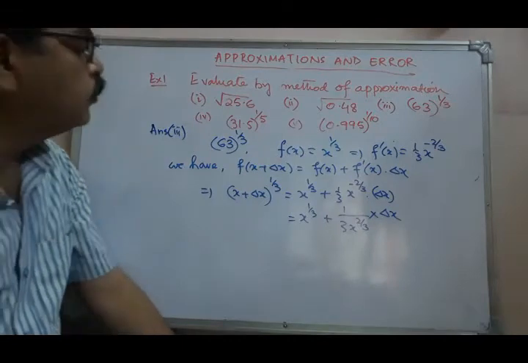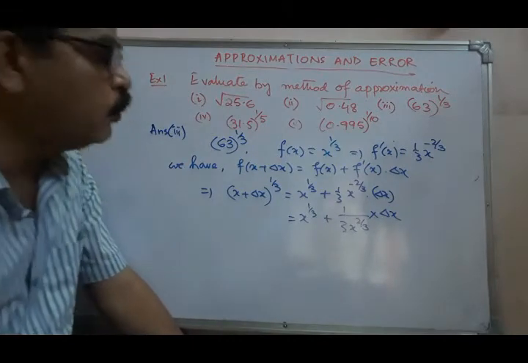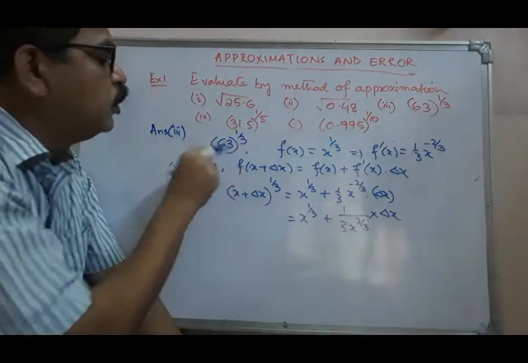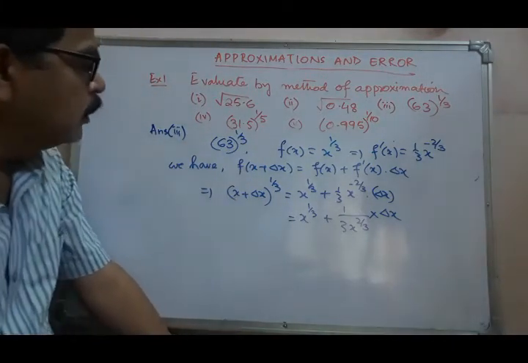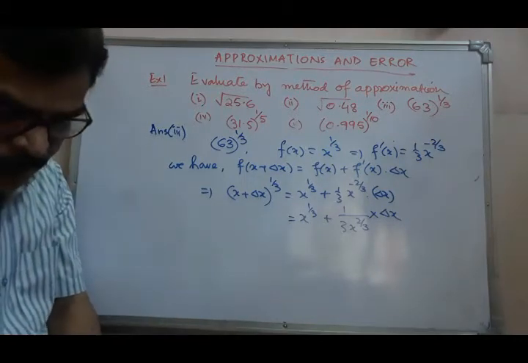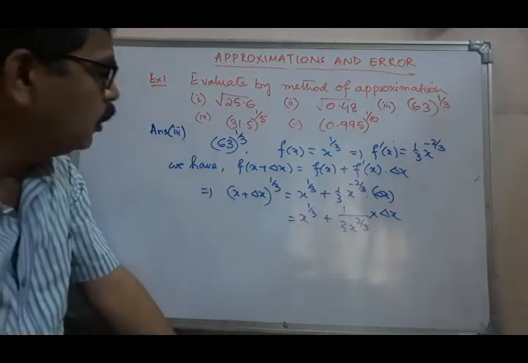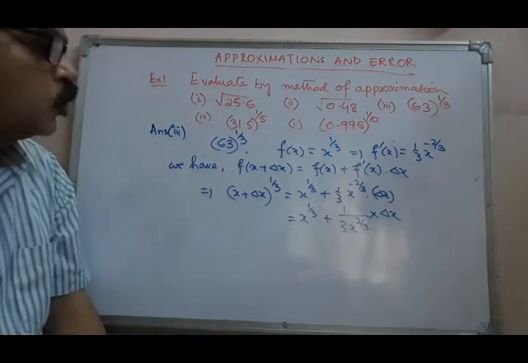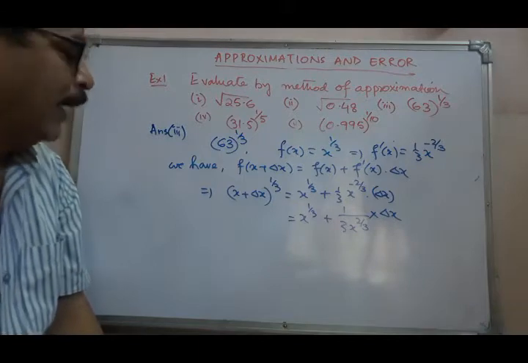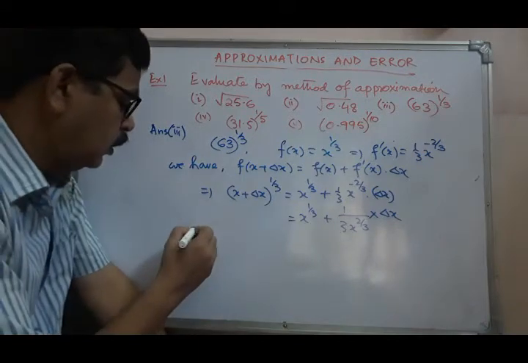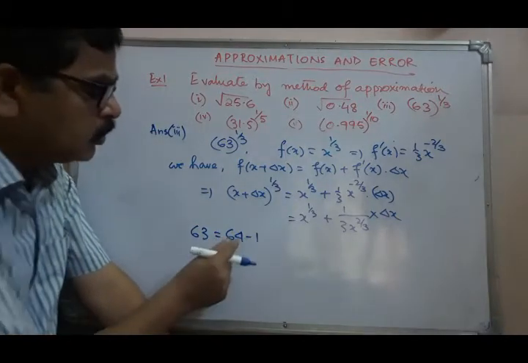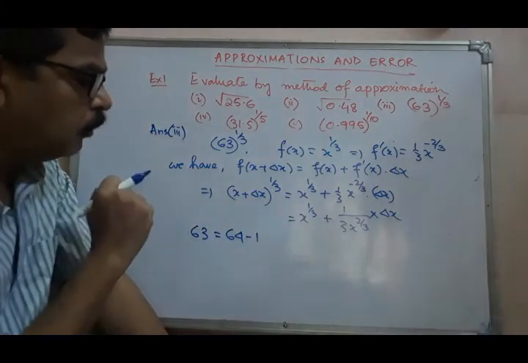Now we have to divide 63 into two parts so that one part is a perfect cube, which means it has an exact cube root, and the other number is small. So 63 equals 64 minus 1, since 64 has cube root 4.